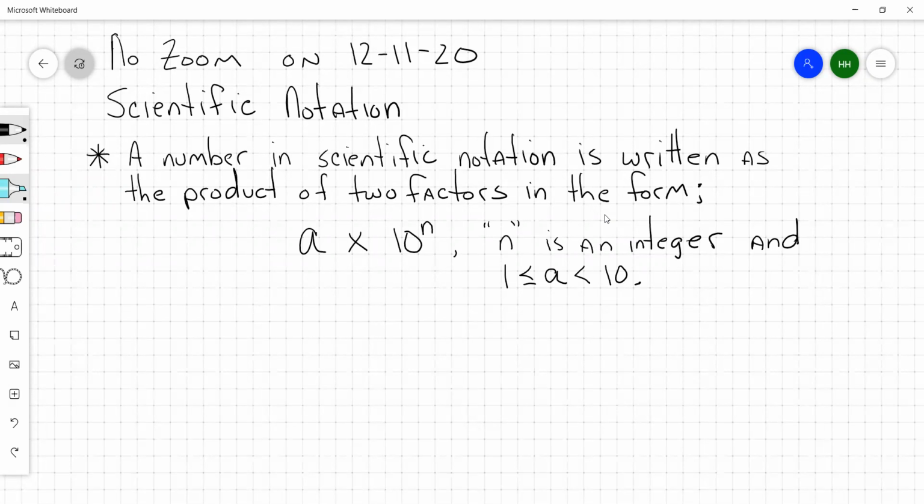That means it cannot be negative. It can't be less than 1. It can't be 10. It's got to be less than 10, and greater than or equal to 1.